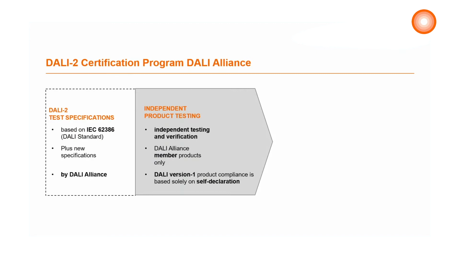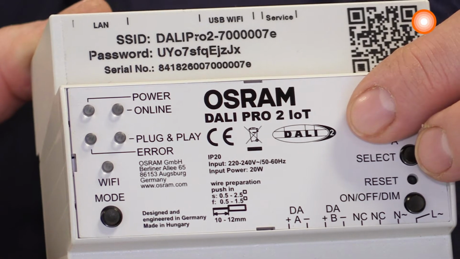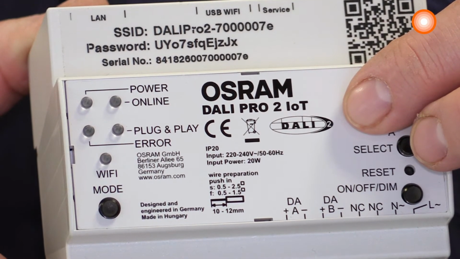And how is the declaration and the communication of these products? Only products certified by the DALI Alliance are allowed to carry the DALI 2 logo, which is part of the type label of the products.